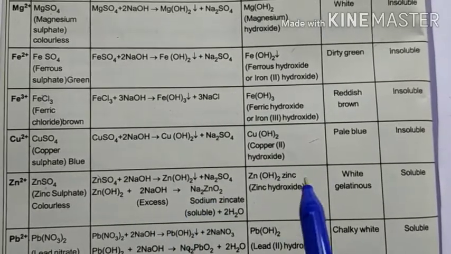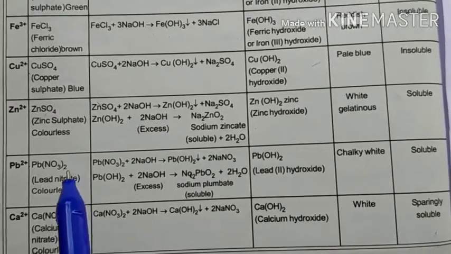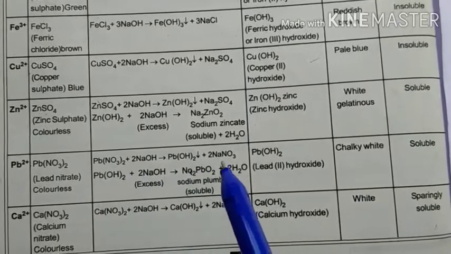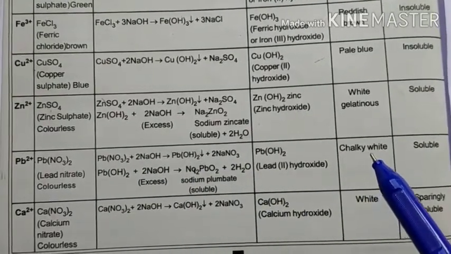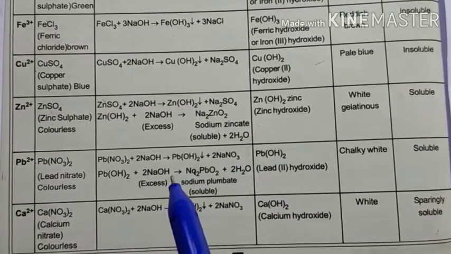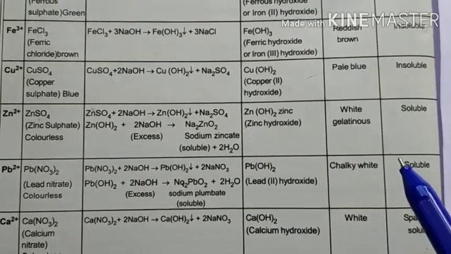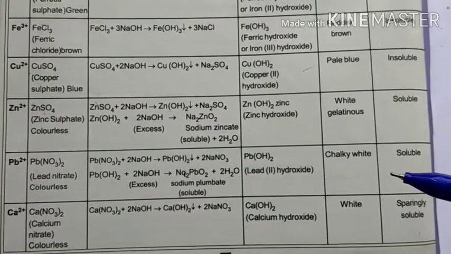Now lead nitrate plus NaOH forms lead hydroxide, a chalky white precipitate, and in excess NaOH it forms sodium plumbate, which is soluble. So excess NaOH dissolves zinc salts and lead salts.